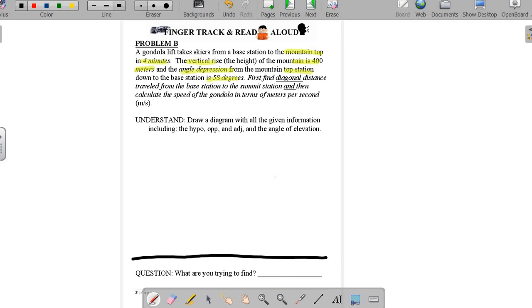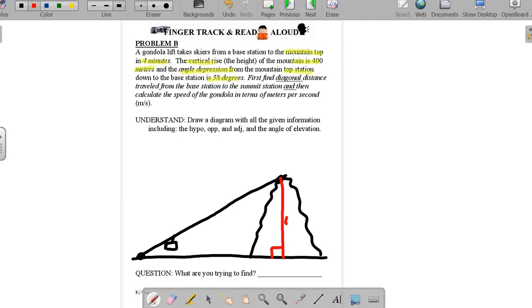So somehow there's some sort of mountain for skiing. You have a base station to the top station, and the gondola is traveling like so. This is the information. The height of the mountain, the vertical rise, is 400 meters.